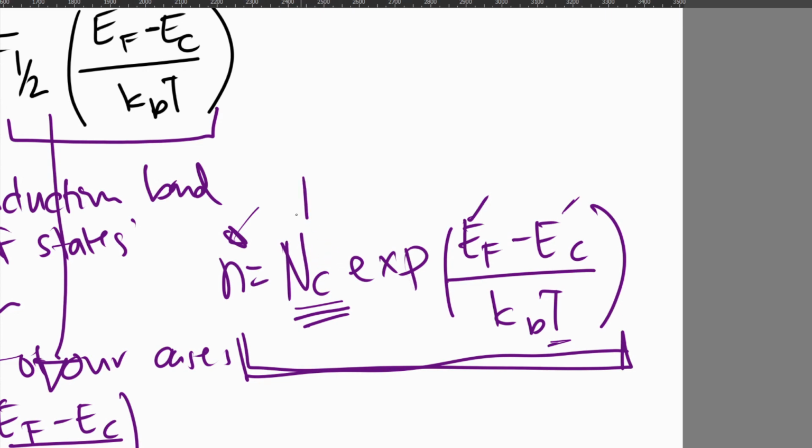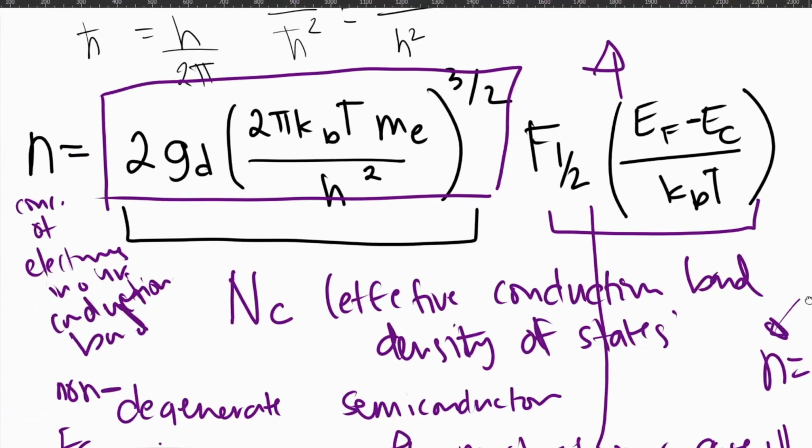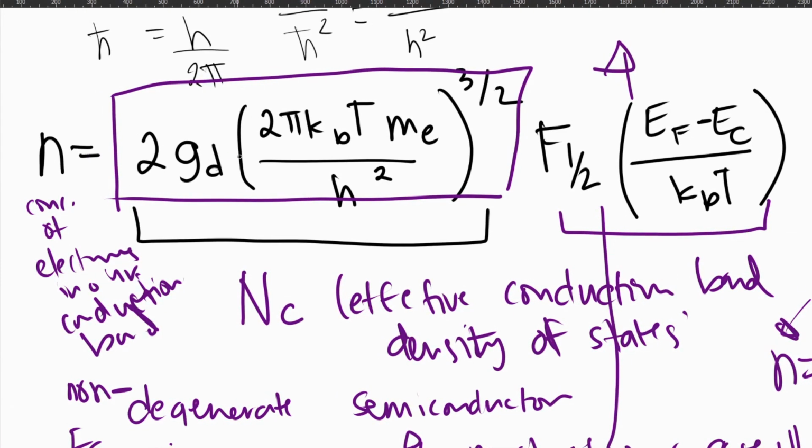So usually, itong NC na to, this is actually a material property in quotation marks. Basically, meron yan, kunyari, for 300 Kelvin, alam mo yung silicon mo, ganito yung condition, makuha mo yung NC niya. So, NC, again, is this, our effective conduction band density of states.